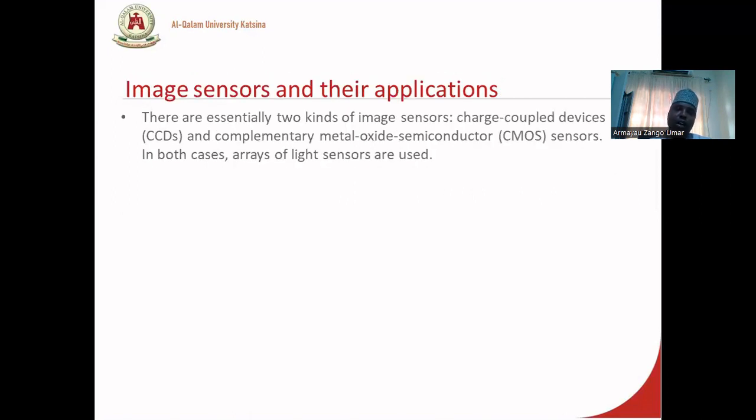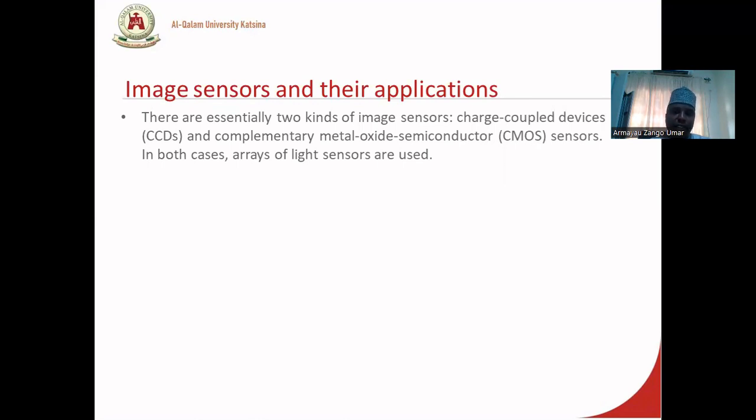Other types of sensors are also image sensors, which are a very important type of sensors, especially in embedded systems. The image sensors are basically categorized into two. The first category is called charge coupled devices, or CCDs in short, and complementary metal oxide semiconductor sensors, CMOS in short.